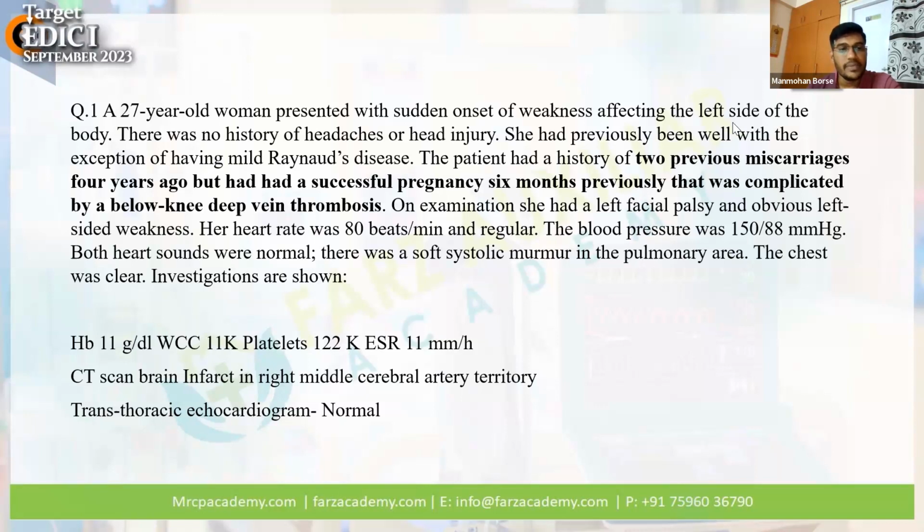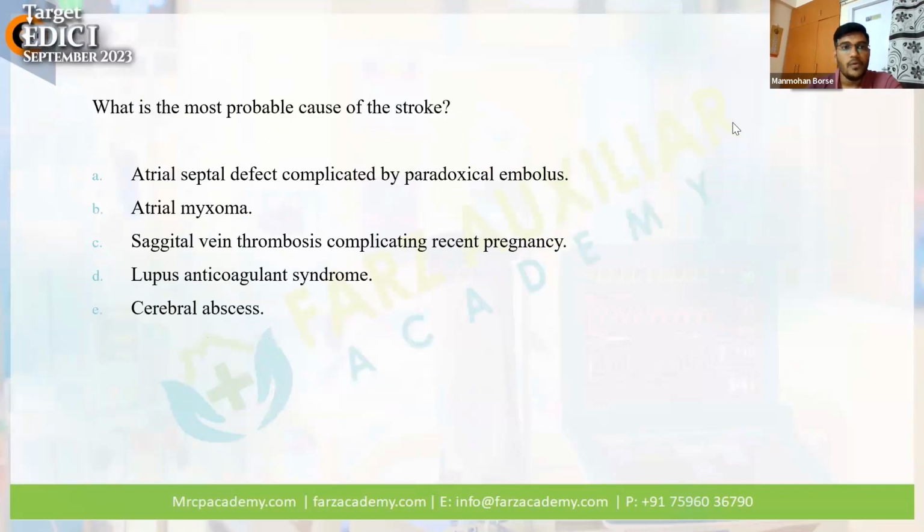Her CT brain showed right MCA territory infarct. Her echo was normal. What is the most probable cause of the stroke? You need to type the answer in the chat box. Should I go back to the previous slide just to reassess the question?